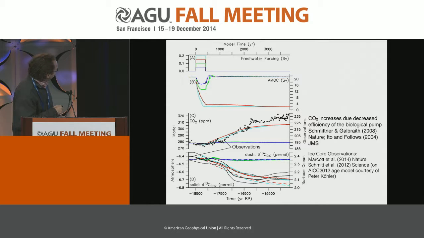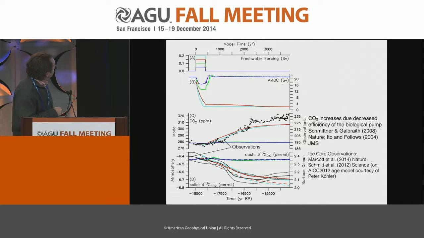You can see the overturning circulation reduces in these two cases, the red and the light blue cases, which have the higher forcings, and it only reduces temporarily in the lower forcing cases, and then returns to initial values pretty quickly. But in those two cases, the AMOC essentially collapses, and it stays in this off state for several thousand years.